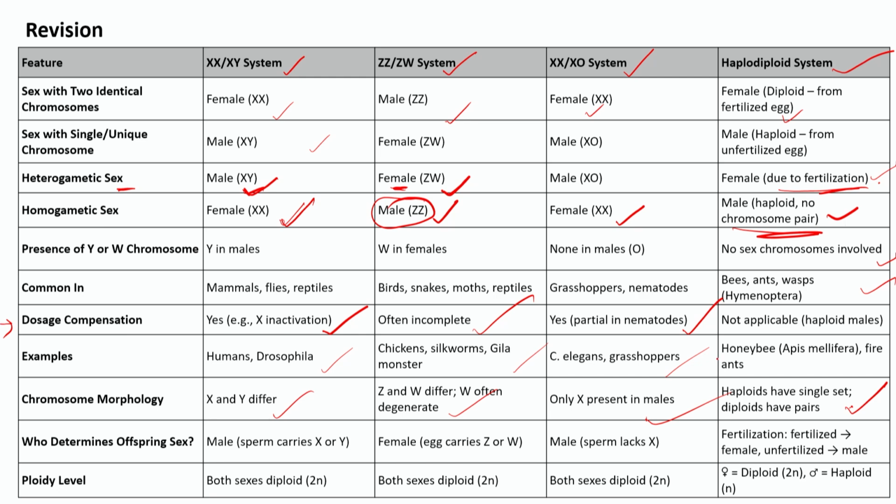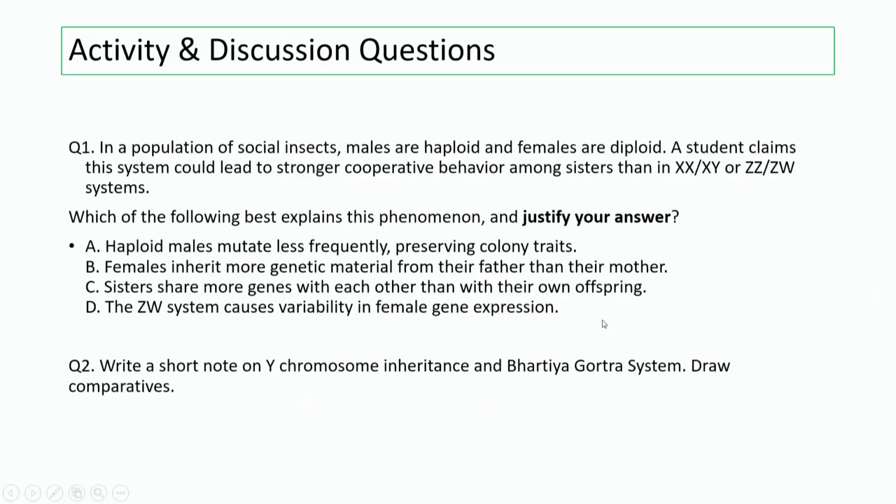What you can do is just go through them so that you can revise your concepts whenever you want to look at the facts once again. And with that, I'll leave you with this activity question which is reflected on your screen. In a population of a social insect, males are haploid and females are diploid.